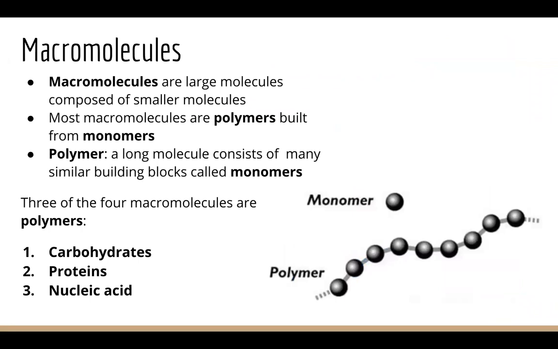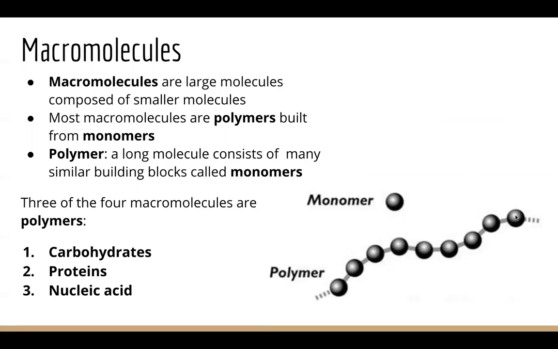A macromolecule is a large molecule that is composed of smaller molecules, and you can think of it as a giant compound made up of smaller parts. Most macromolecules are polymers built from monomers. As you can see from the picture on the right, a monomer is a single circle right here, while a polymer is made up of a lot of these identical little circles.